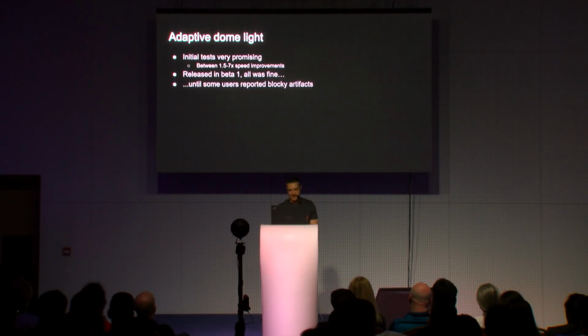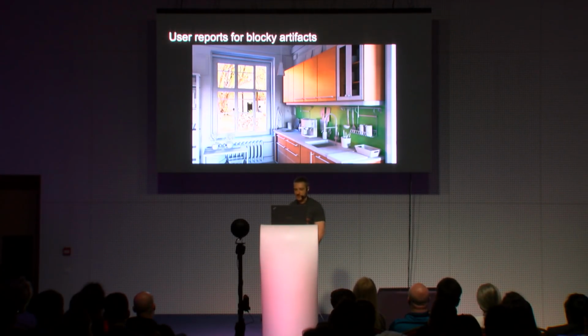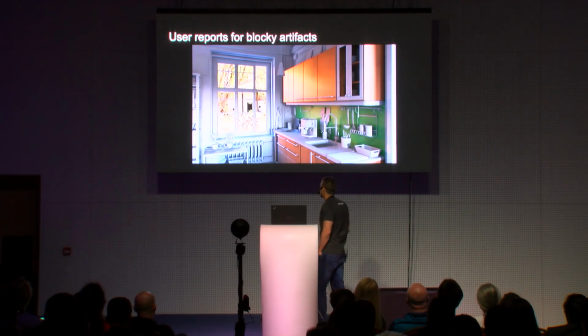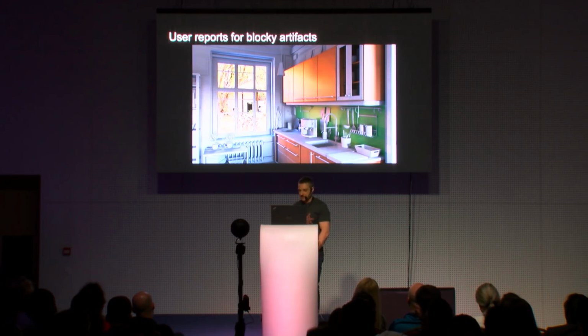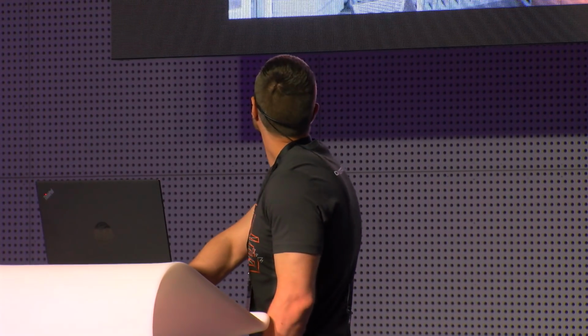It's really faster, but I get some artifacts in my image which look like this. If you look carefully at the cupboards on the screen, you could see some blocky artifacts, or on the windowsill before the window, you could also see some kind of patches of different light intensity. And this basically made the image totally unusable.